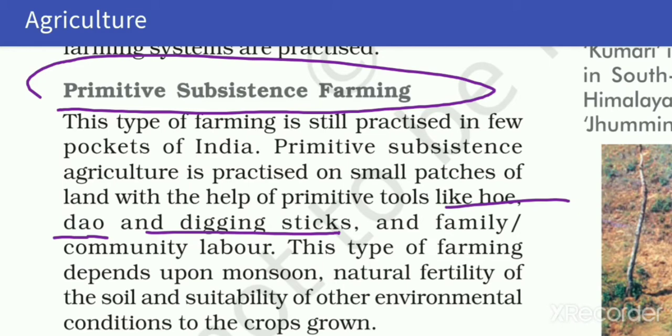Basically, the farmer's family provides the work of laborers, and generally farmers depend on the monsoon rain for irrigation and the natural fertility of soils, because the farmers do not use any kind of fertilizers. So that is why the land productivity of this type of farming is low, and generally it is consumed by the farmer and his family.